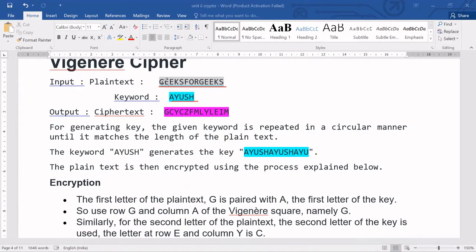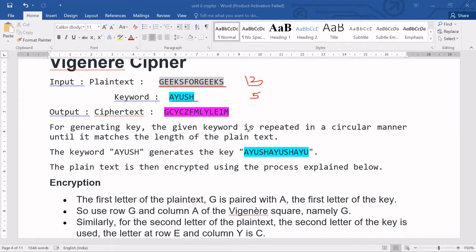Now if you see, geeks for geeks has 13 characters, whereas the keyword has only 5 characters. So how will the intersection take place, and what will you consider as the key letter for all the 13 letters in the plain text?